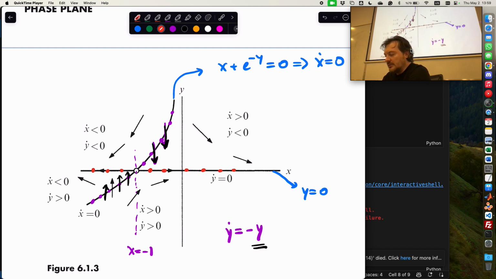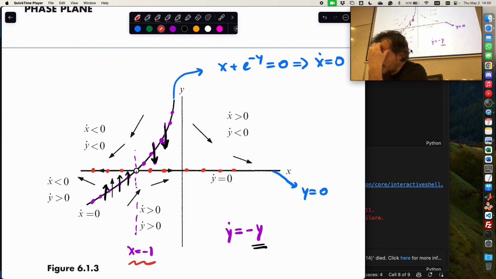Very good. So whether I'm going to the right or to the left depends on whether I am on the right hand side of x equals minus 1 or the left hand side. If I'm on the right hand side, then this becomes positive. x is greater than minus 1 here.